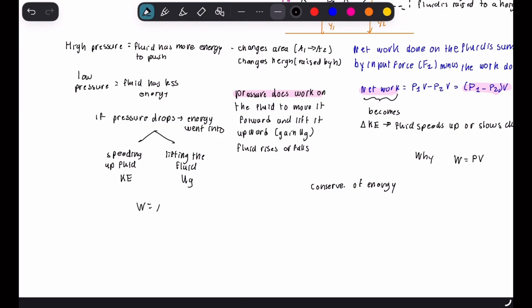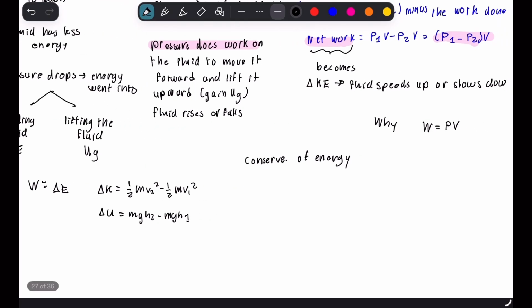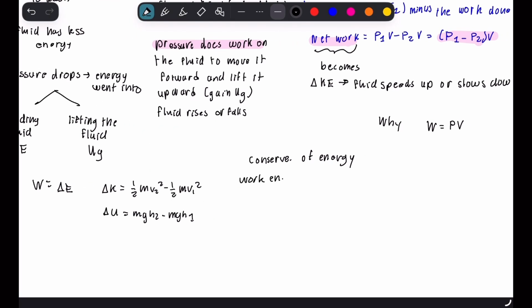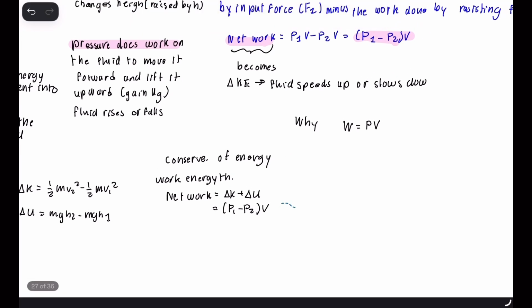We know that work is equal to the change in energy, so we can write that energy change: we have delta K and delta U. Now we can apply the work energy theorem. We also know that net work is equal to this. So now you can set these equal to each other.